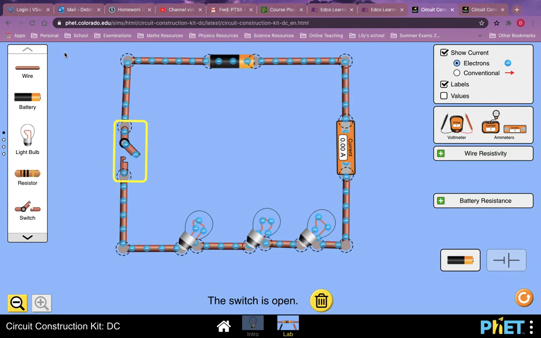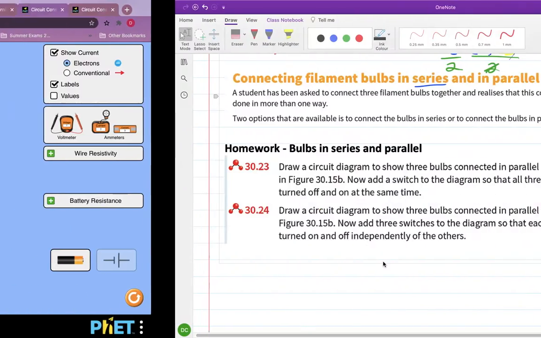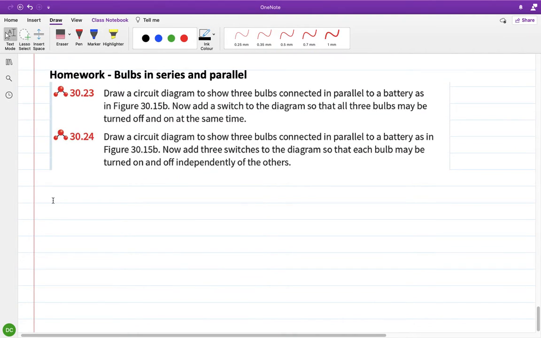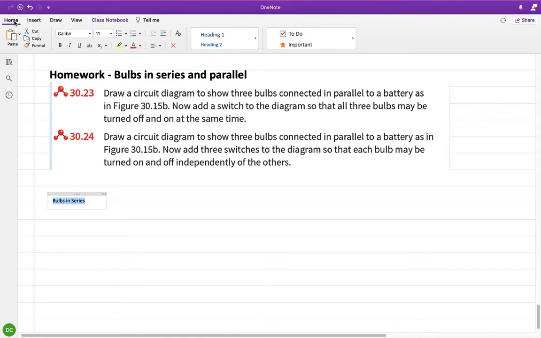Okay, I can't write on this, but hang on. So, bulbs in series.